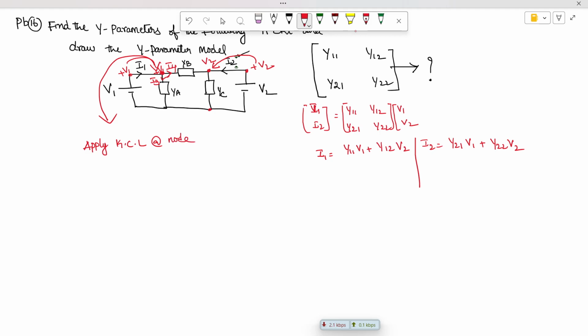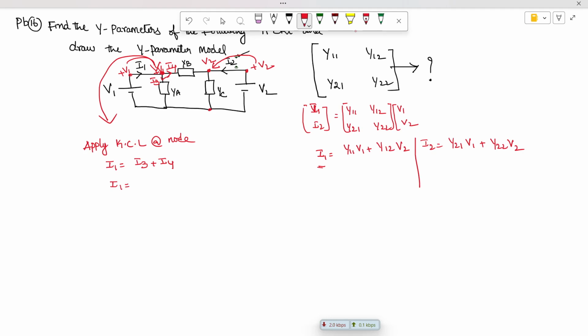What are the entering currents to this node? I1 is the entering current, and the leaving currents are I3 plus I4. We should not disturb I1, since it is already there, so I'm writing I1 as it is.